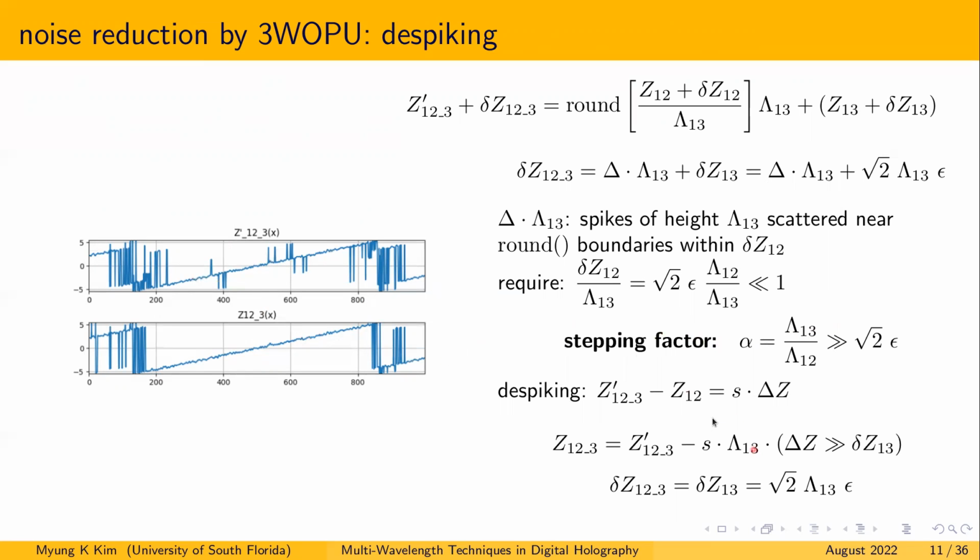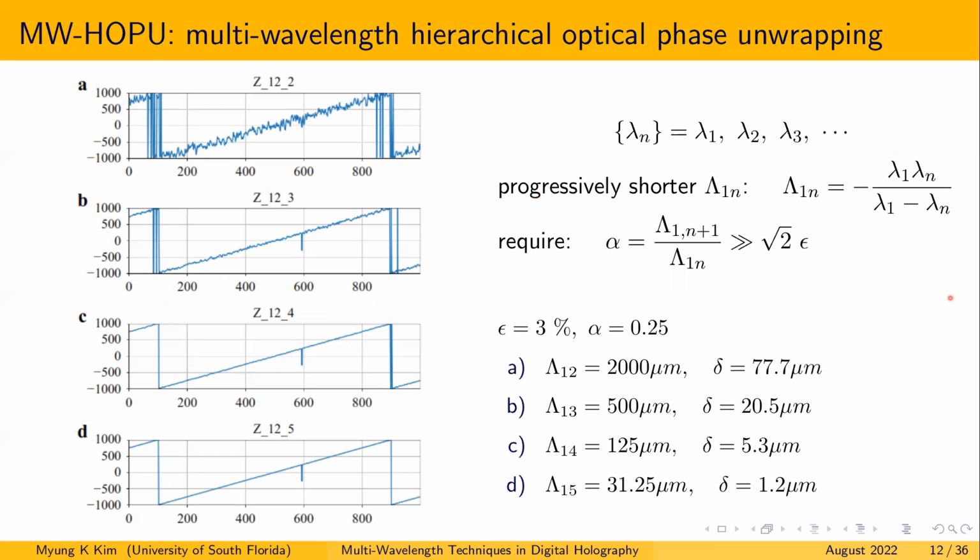So if you apply that procedure, then the final unwrapped profile has a much lower noise without these spikes. And this process can continue in hierarchical manner by choosing progressively shorter synthetic wavelengths lambda 1n, while keeping the requirement on the stepping factor alpha.